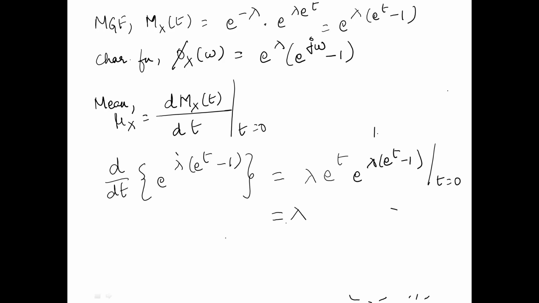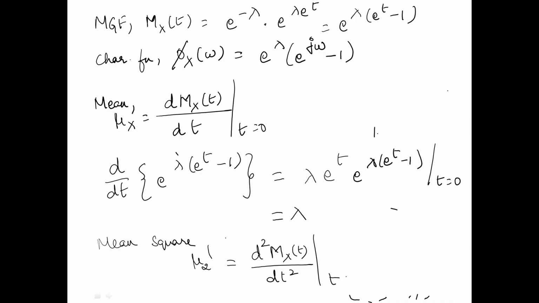That's what we've got. And going forward with the mean square value, we're going to differentiate the moment generating function twice. Mu 2 dash is how we represent it. We're going to differentiate it twice and then equate t equal to 0. So this is the expression that we have prior to substituting t as 0.